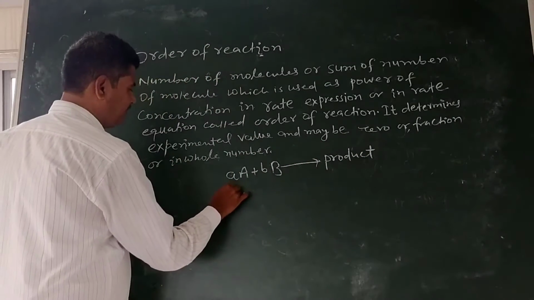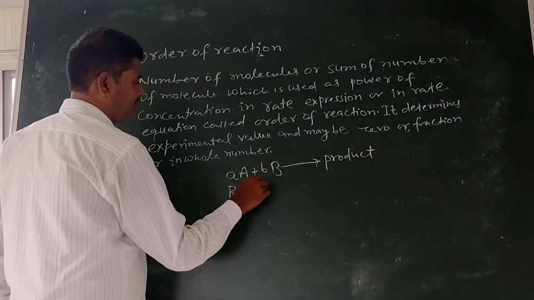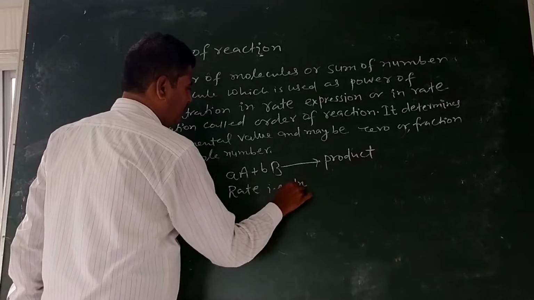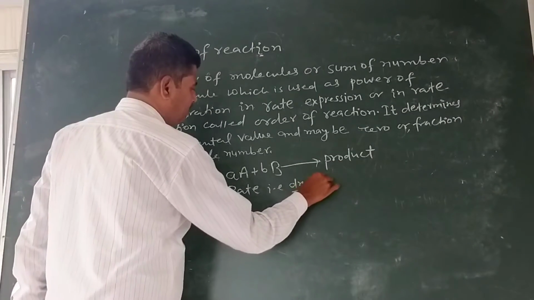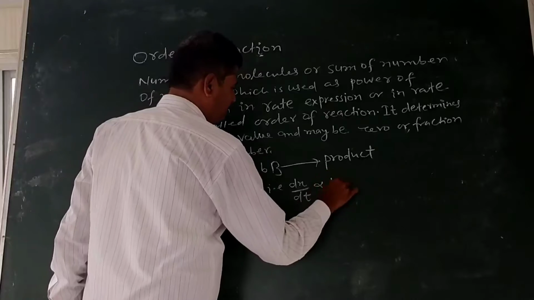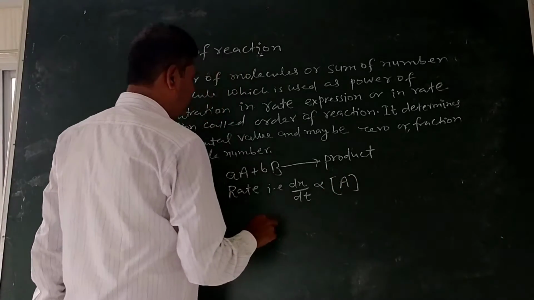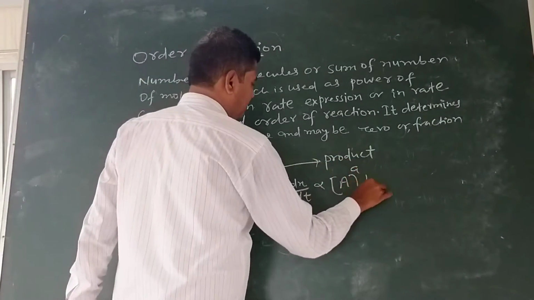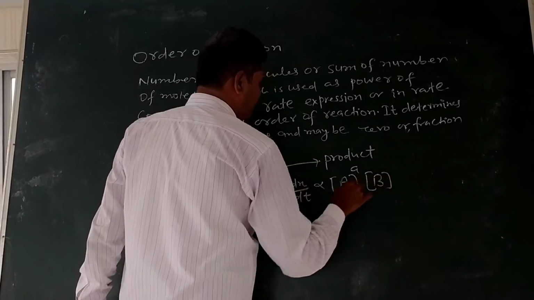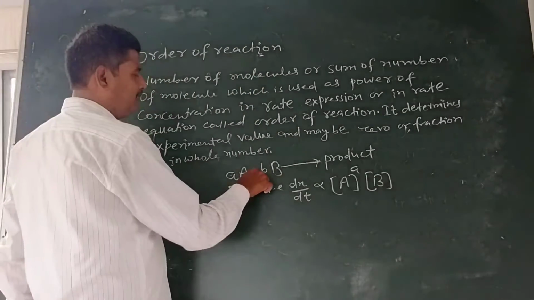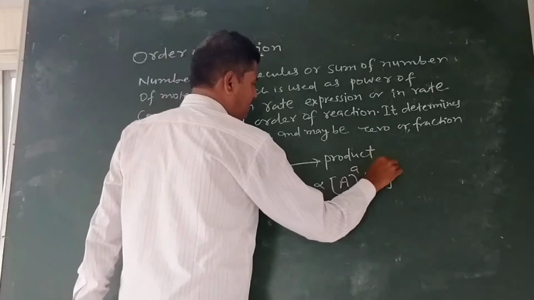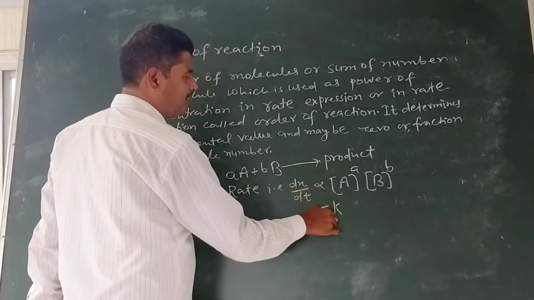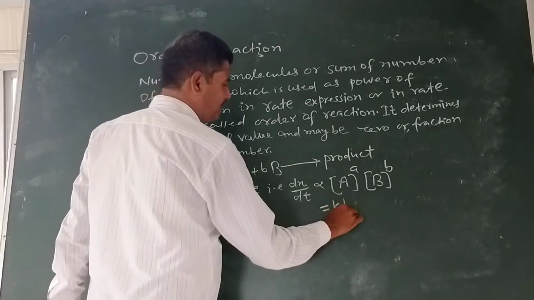Then the rate, that is dx upon dt, the rate of formation of product, is proportional to the concentration of A with the mole number as the power, and the concentration of substrate B with the mole number of B used as power. This is equal to K, where K is the proportionality constant known as the rate constant.